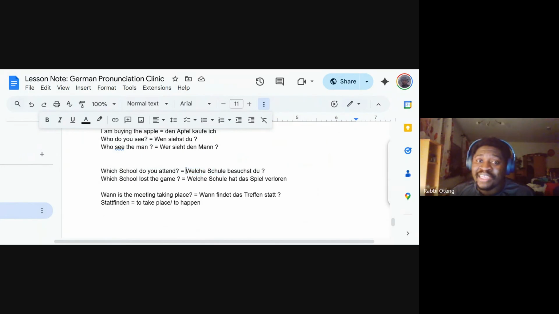So normally with welche and with wie, wie is always used with adjectives, and welche is always used with nouns. Like which man, which organization, which okay, then wie is always used with adjectives. How big, how small is the man?